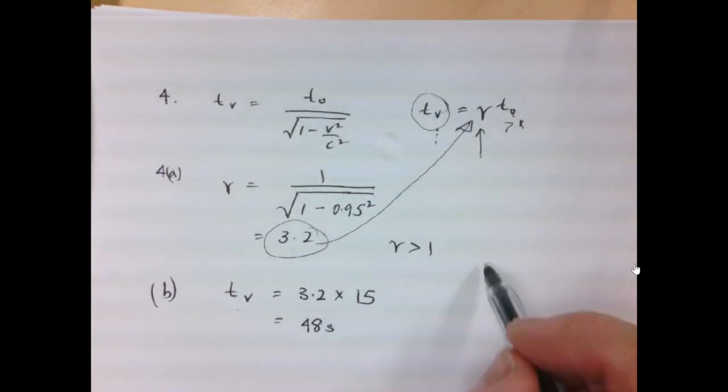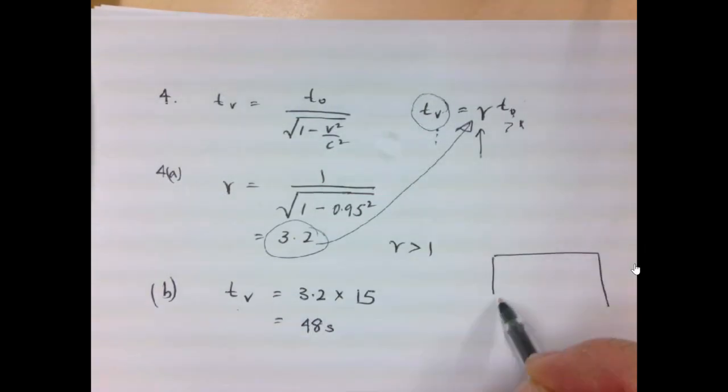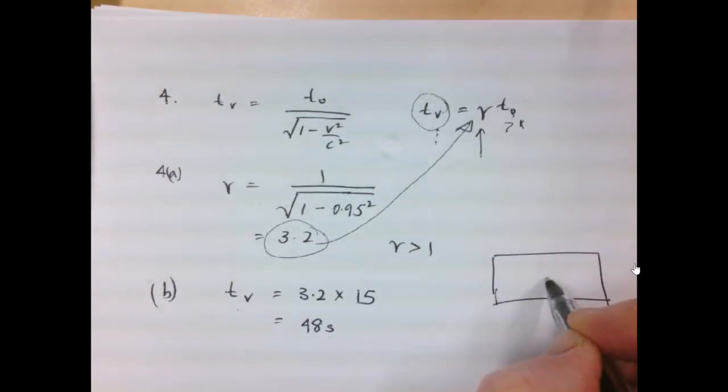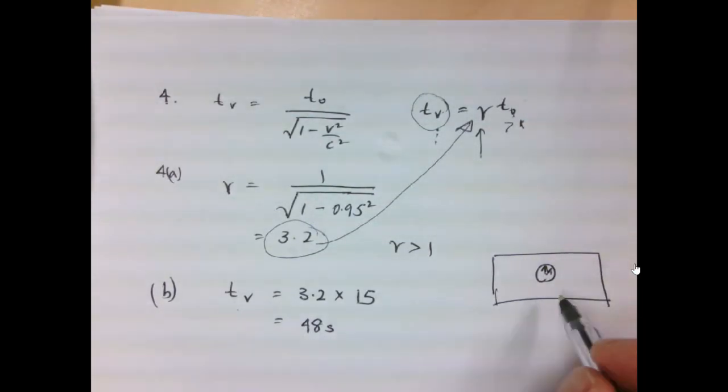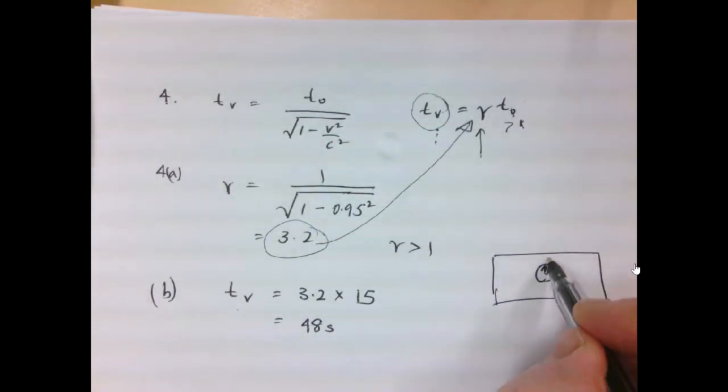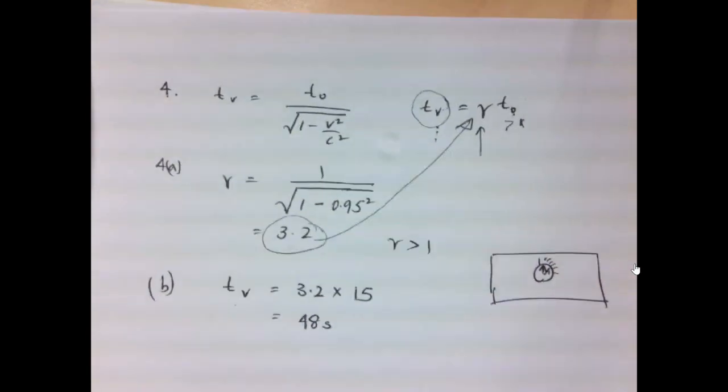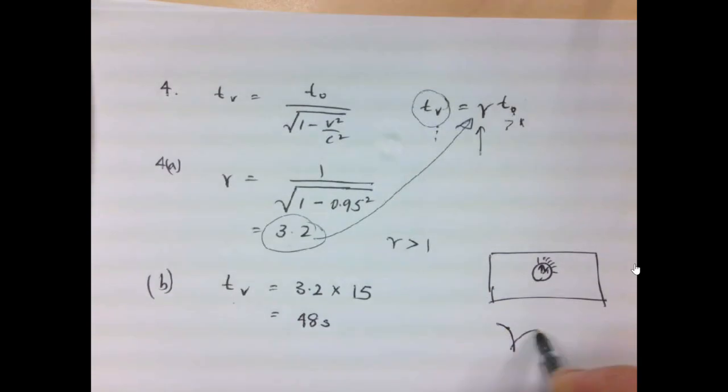So here is our moving reference frame, which has a clock in it. Okay, and the observer is seeing the clock tick around 15 seconds. So this is the external stationary observer.